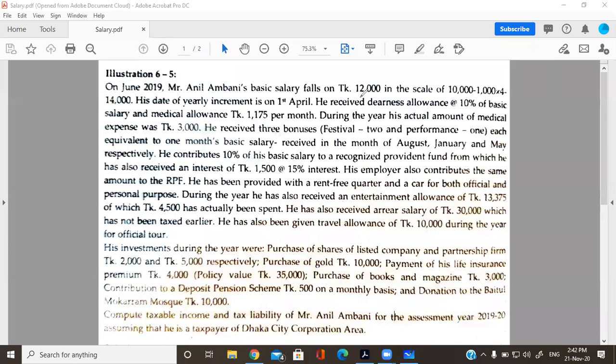Basic salary is 12,000 in the scale of 10,000 dash 1,000 into 4, 14,000. So I think you are not familiar. It may be that some of you are familiar with this kind of scale. It is known as salary scale.